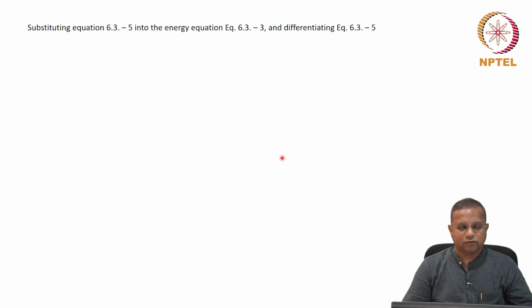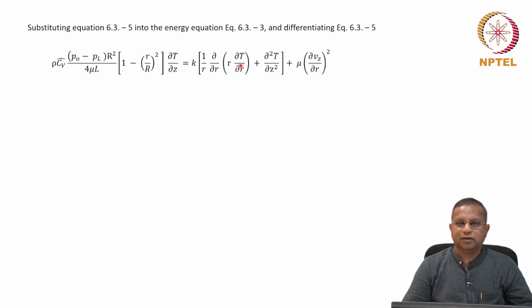If you do that, then the energy equation becomes rho Cv hat times P naught minus PL r squared by 4 mu L times 1 minus r by R squared, dou T dou Z, equals K times 1 by r dou r of r dou T dou r, plus dou squared T dou Z squared, plus a mu dou Vz dou r the whole square. Okay. Nice complex equation.